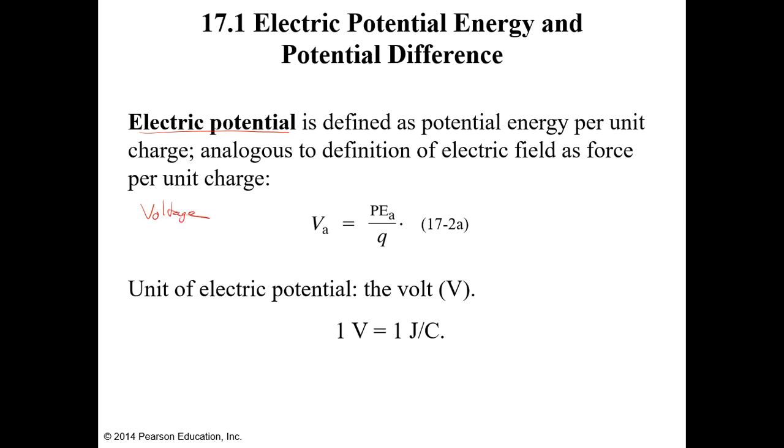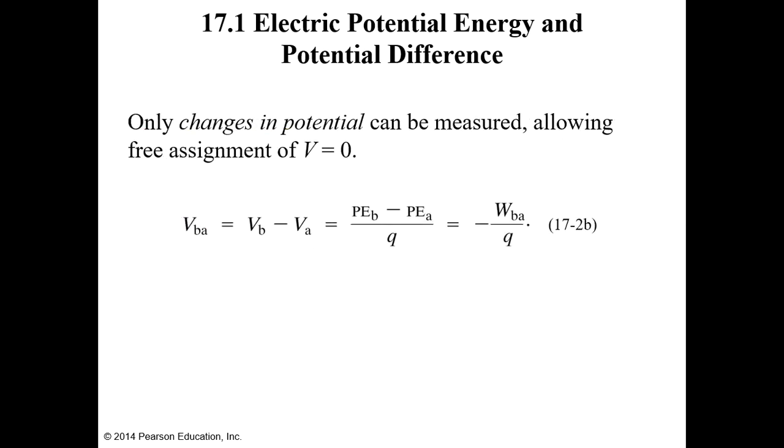The unit of voltage or electric potential is the volt. And 1 volt, since voltage is potential energy per unit charge, would then equal 1 joule per coulomb. Now, remember that when we first talked about potential energy, it has to be measured in reference to some other point.